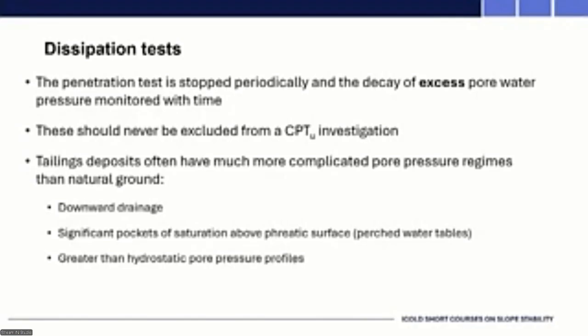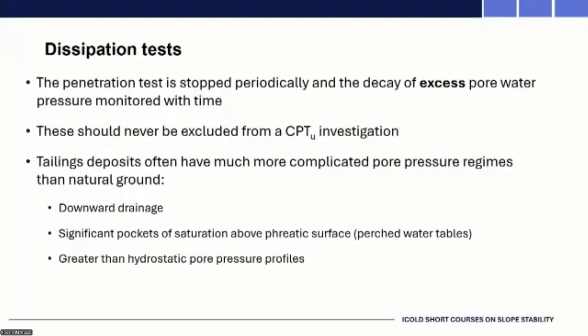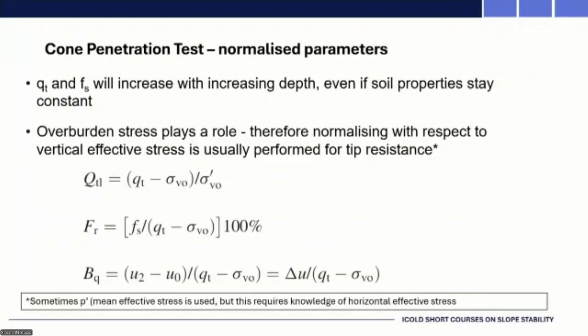And we might have pore pressures that are greater than hydrostatic, because that zone is still undergoing consolidation, so it hasn't reached equilibrium. So all of those things can seriously affect your calculations of these normalized parameters. Remember, we're going sigma v dashed. In order to know that, we calculate sigma v from bulk unit weight, but we need to know what the equilibrium pore pressure is.